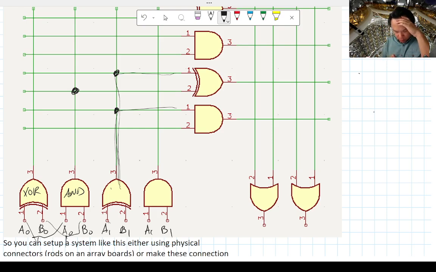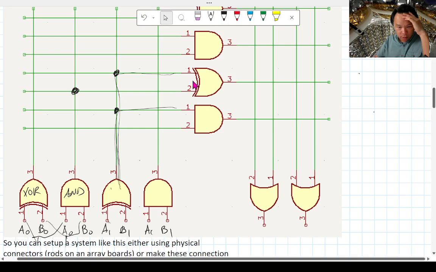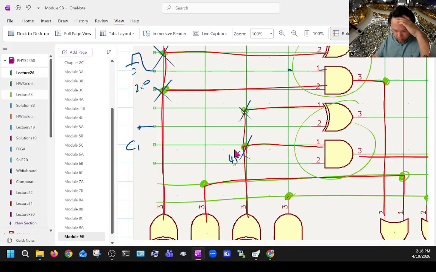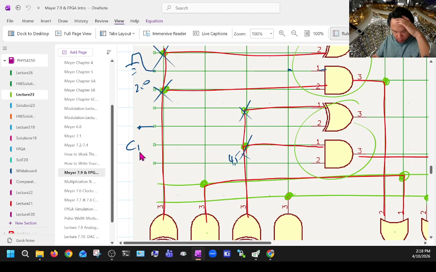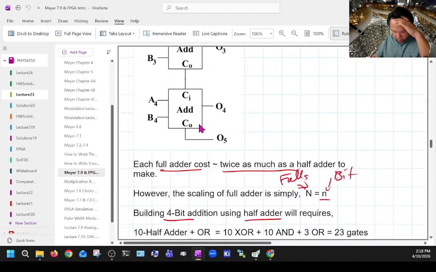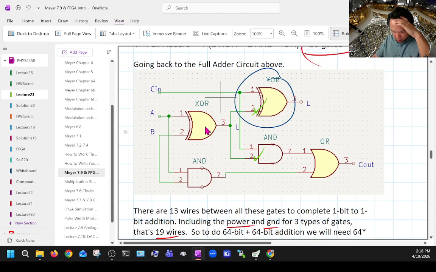See, remember this AND gate? Shouldn't it have a different input also? Sorry, output to the second thing. Let's see. Let's go back to my adder circuit, my full adder, so if you get the logic right. So the AND gate, oh, it just goes to the OR gates.